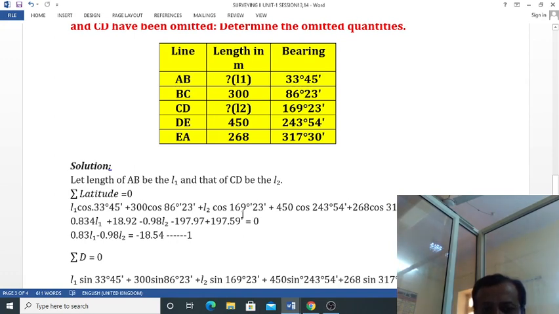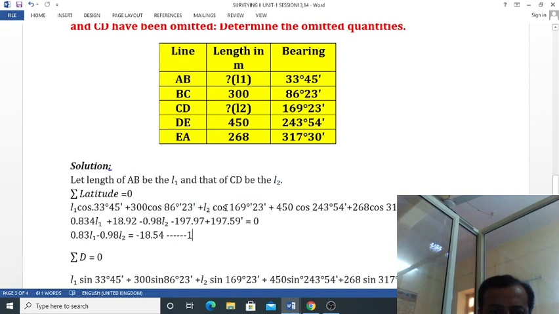Now, let us simplify this. L1 cos 33 degrees 45 minutes comes to around 0.834 L1. Keep L1 as it is, because we don't know that length. Then 300 into cos 86 degrees 23 minutes is 18.92.